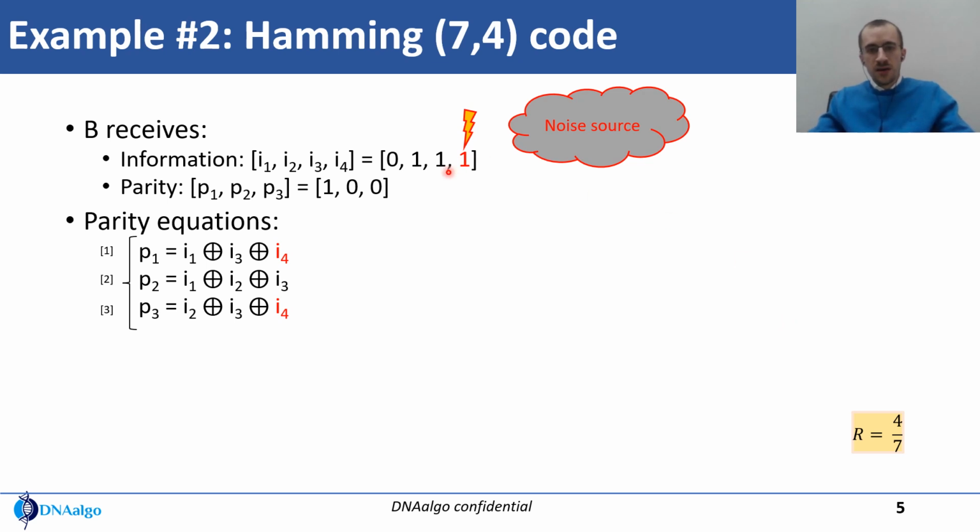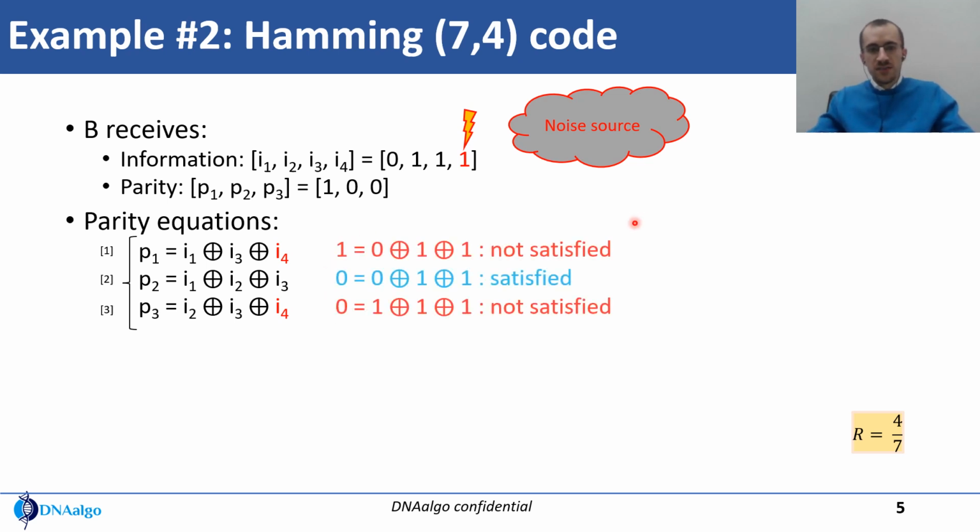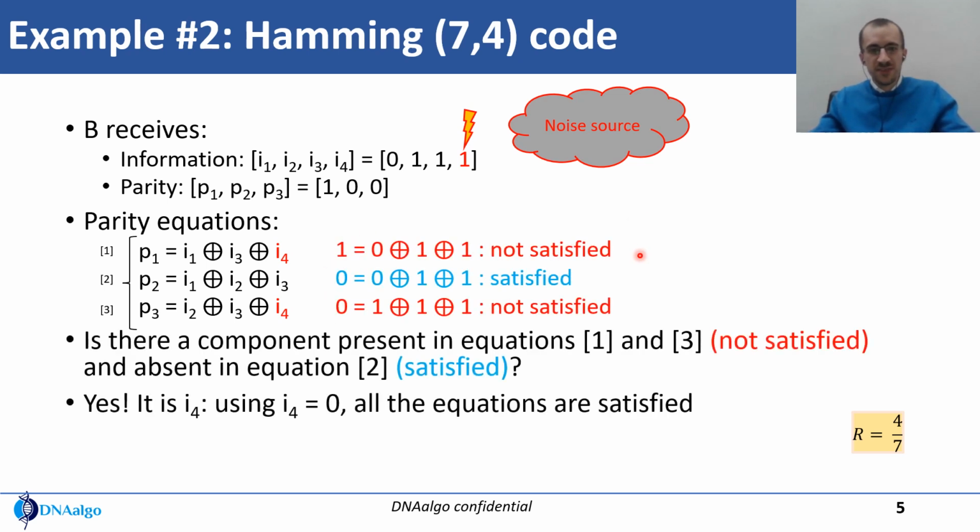But then, if our noise source acts as before, when B tries to compute the values of the parity bits, something happens because these equations are not satisfied. I mean, the second one is correct, but the first one and the third one are not.